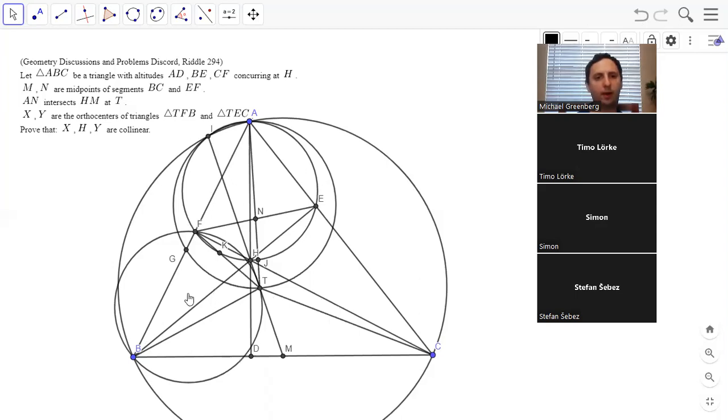Or we could drop the altitude, and then we want to show what lies on that. So we could try to show IFKE is cyclic, or IAKH is cyclic, or something.